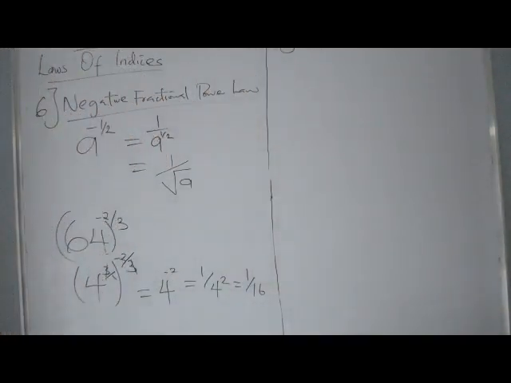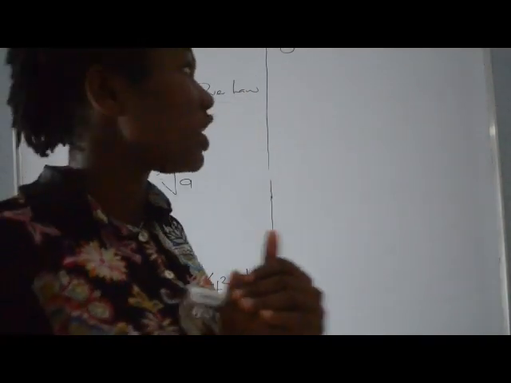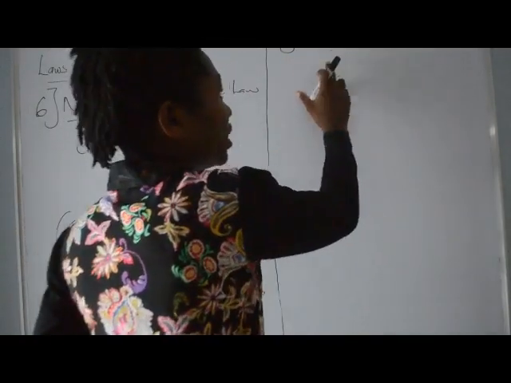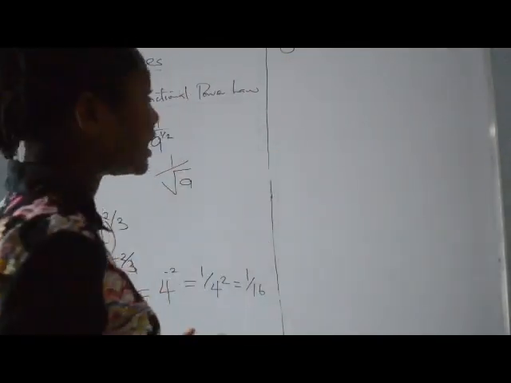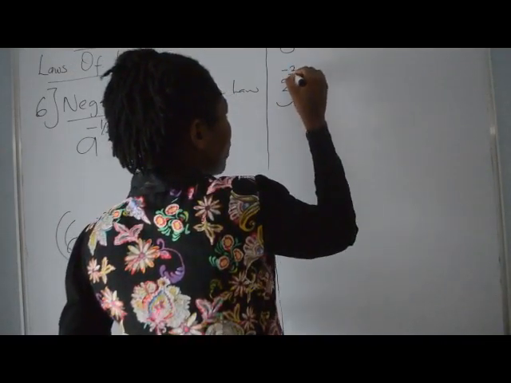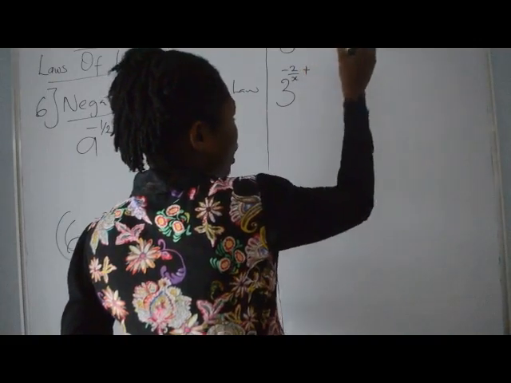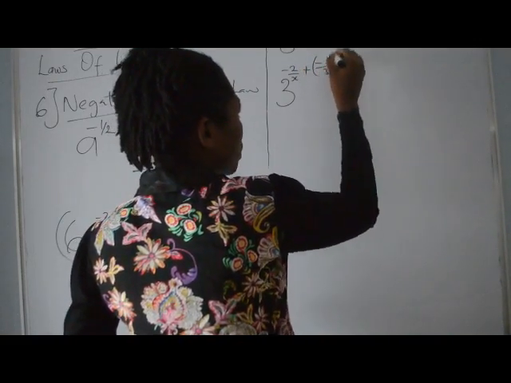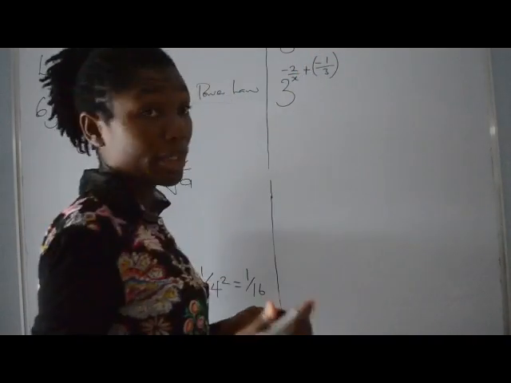We are asked to find the value of x. We are going to solve that because the bases are the same and it's multiplication, so we are going to be adding the powers. So we'll be having 3 raised to power minus 2 over x plus minus 1 over 3. Plus and minus will become minus, okay?